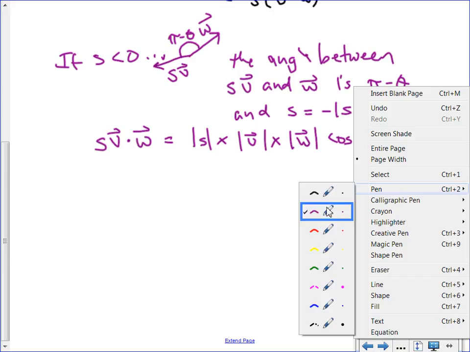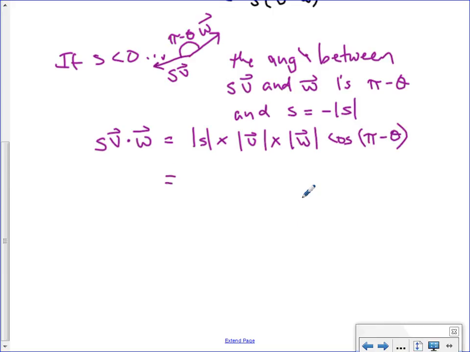When you simplify this, you're just going to have to believe me that this is math. Since S is negative, it's going to be the negative of S times V times W.